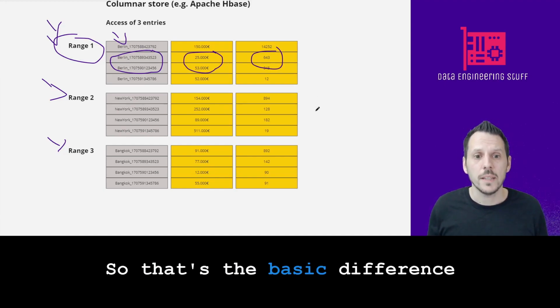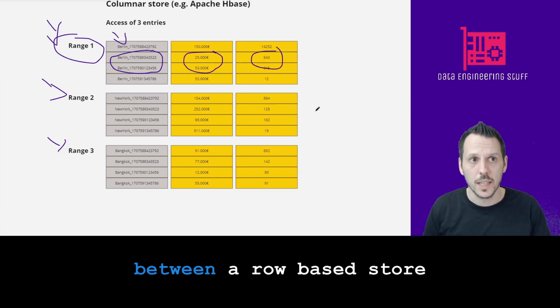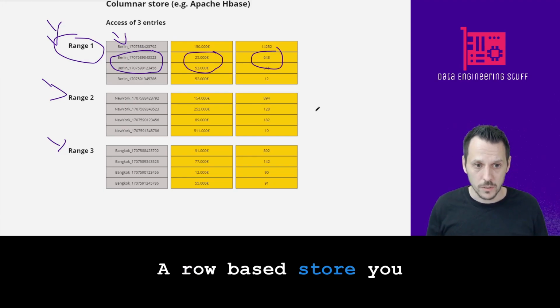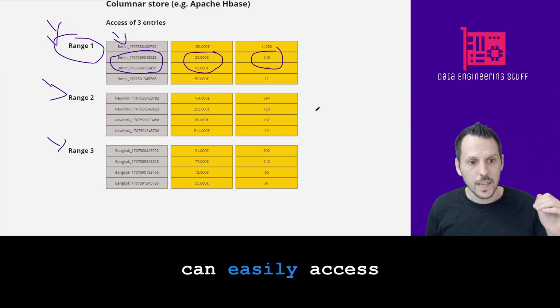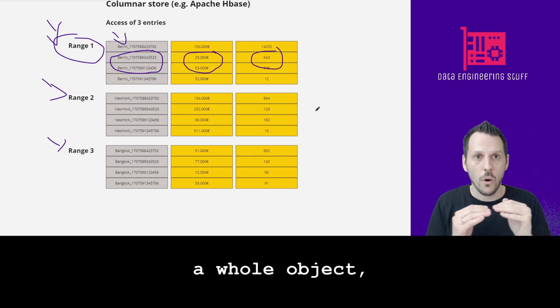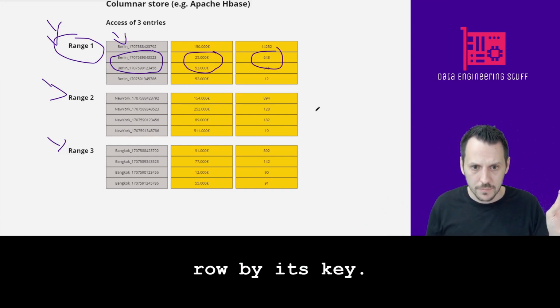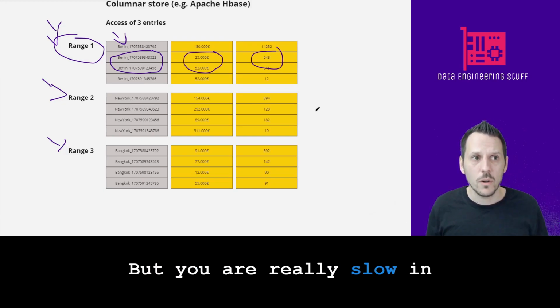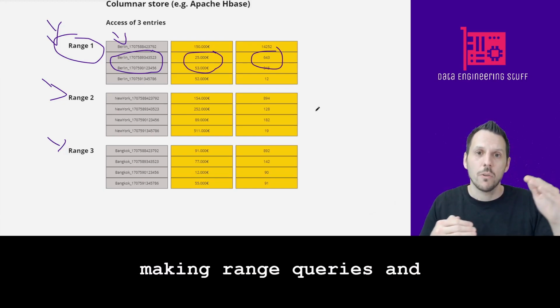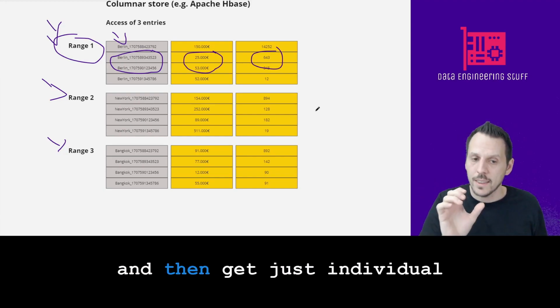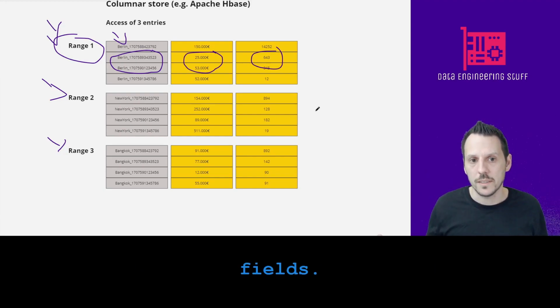So that's the basic difference between a row-based store and a columnar store. With a row-based store, you can easily access a whole object, so a whole row by its key, but you're really slow in making range queries and then getting just individual fields.